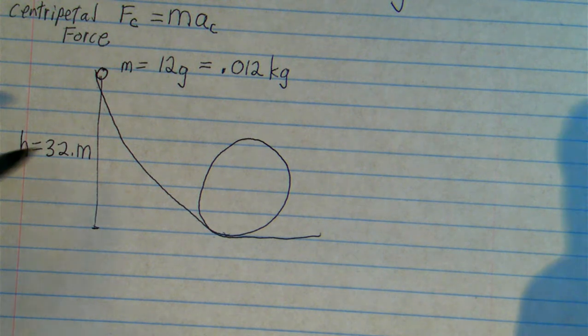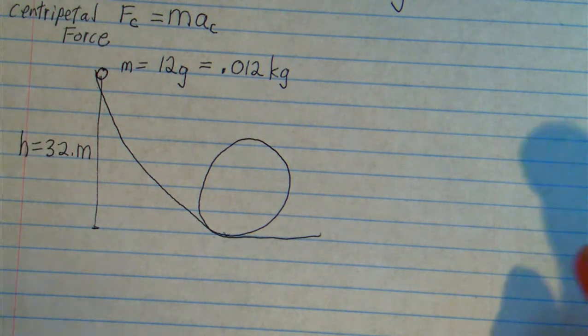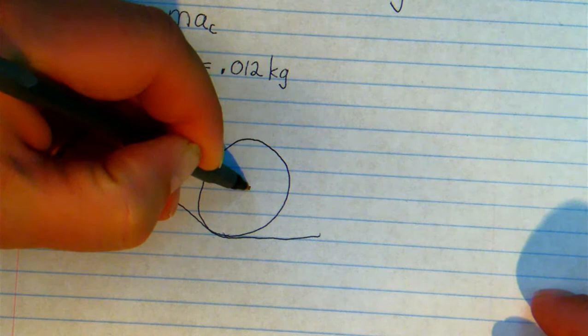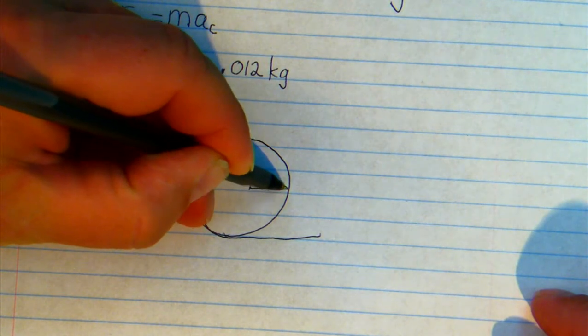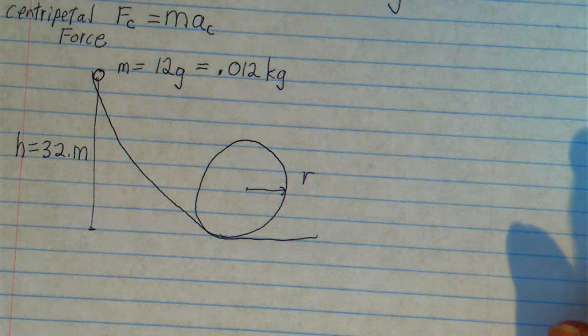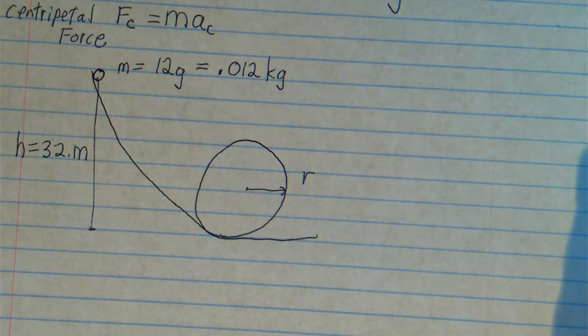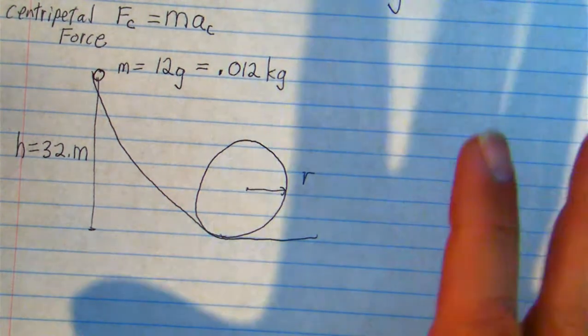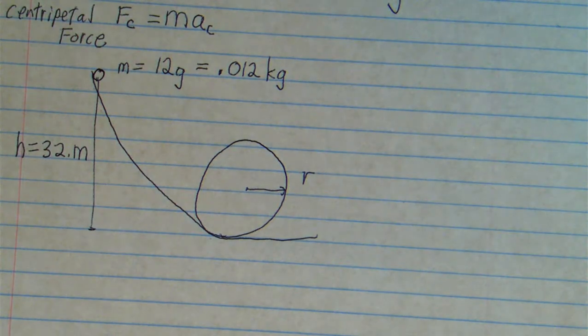All right. So we have a 32-meter high ramp, and I need a radius for this little loop de loop. Harshit, this is not to scale. What would you suggest as a radius for the loop de loop? 3. All right.